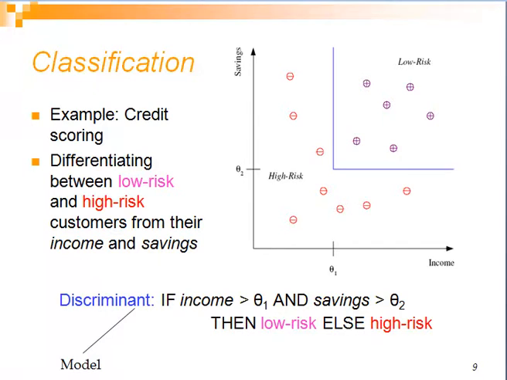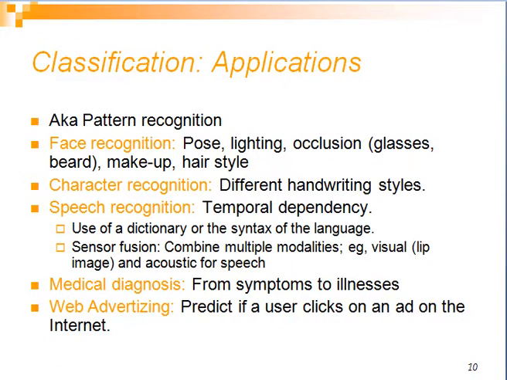So how do we classify? We classify using high risk and low risk, credit scoring, differentiating low-risk and high-risk consumers according to income. So for that, we created a graph of high risk, low income, and low risk. So we categorize further. The classification applications are facial recognition, character recognition, speech recognition, medical diagnosis, and so on.